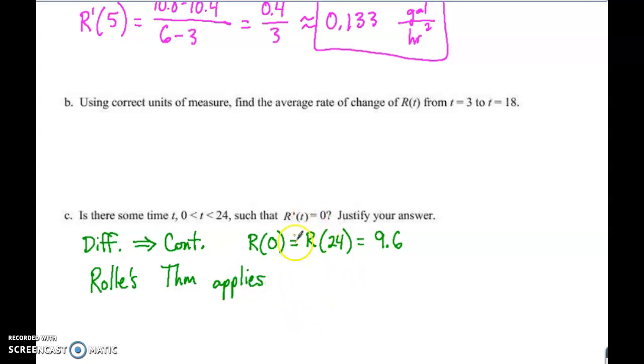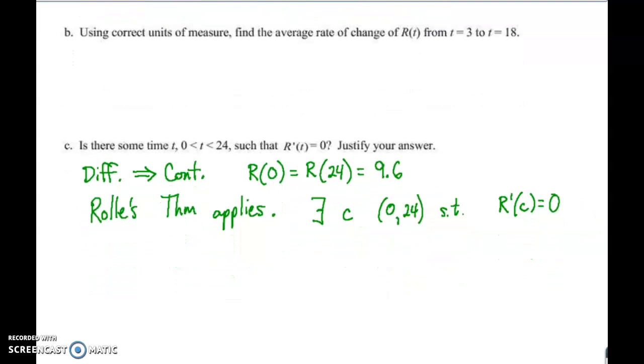so that there's some, you can call it t, but some c, so the kind of goofy symbol is the backwards e. There exists some c on that interval from 0 to 24 such that r prime of c is equal to 0.